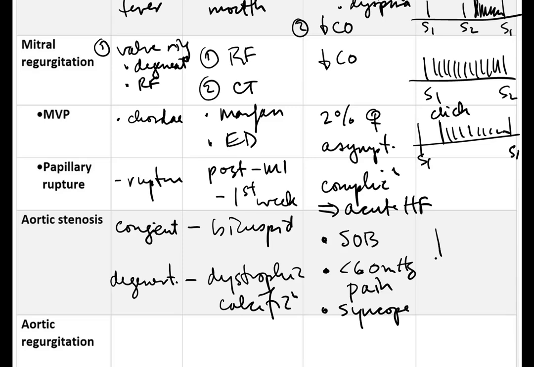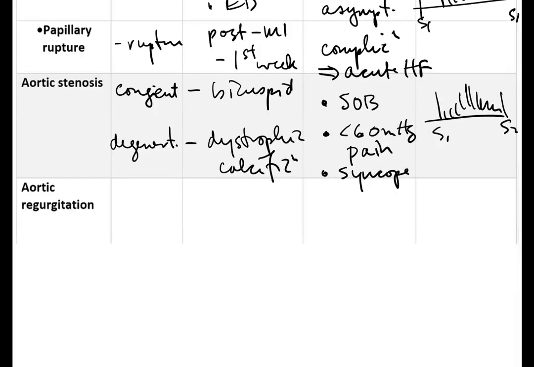When we take a look at the murmur, it's going to be our classic crescendo, decrescendo murmur in the aortic space. And then our aortic regurgitation, remember we're going to talk about two different areas of pathology. We're going to talk about pathology of the valve leaflets, and that was going to be our standard list of rheumatic fever or iatrogenic after a procedure.